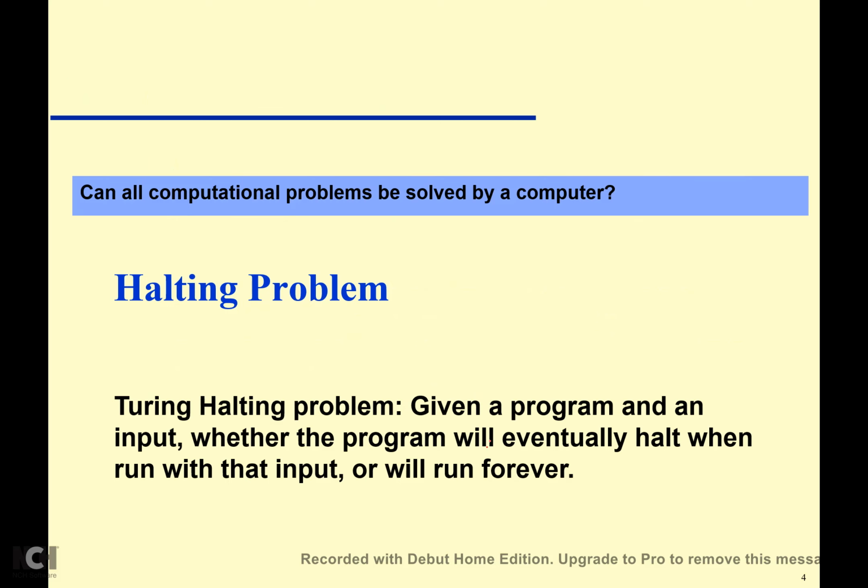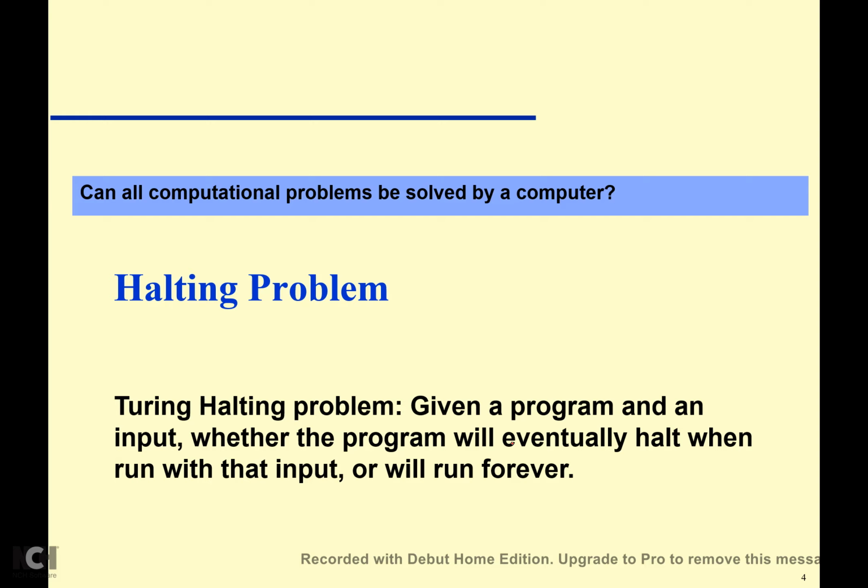And take a look at this one. Given a program and an input, the program will eventually halt when run with that input or will run forever. This question is very similar to the question we discussed before, which is the infinite loop. Can we detect an infinite loop or not? But it's changed a little bit.